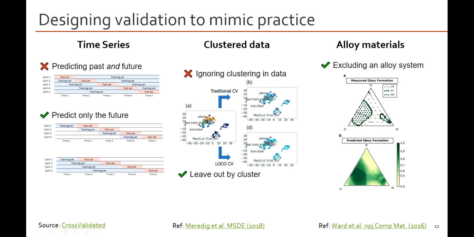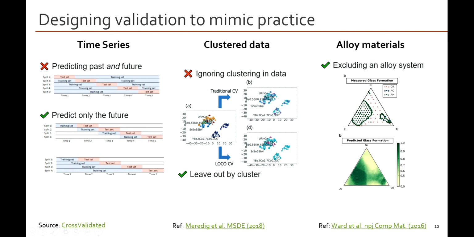This is an example from Bryce Meredig, who is trying to predict new superconductors and found that we have very common or very similar clusters of data within his training set, and found that if he takes these clusterings into account, he can get markedly different results on cross-validation. That could help inform which models are going to be able to find an entirely new class of superconductors, and which ones are limited to being able to interpolate within clusters of existing data.